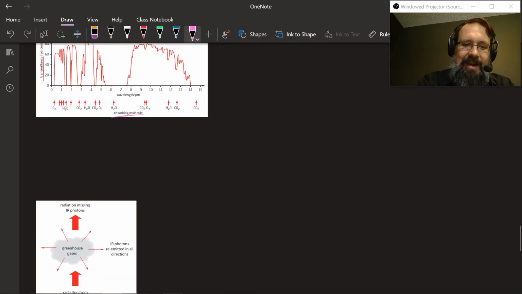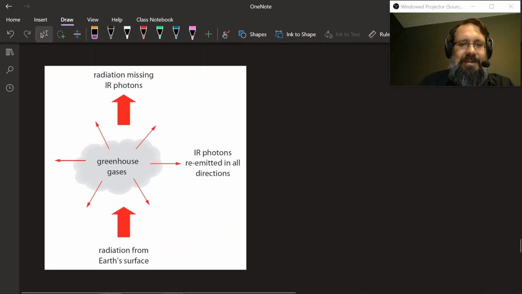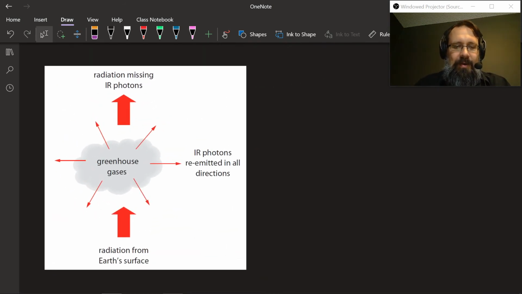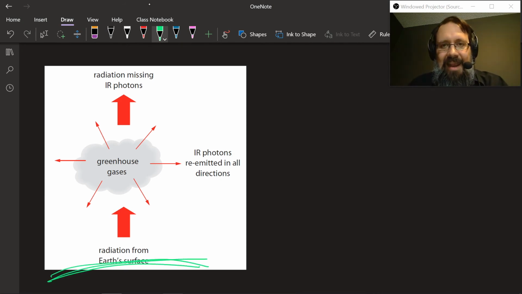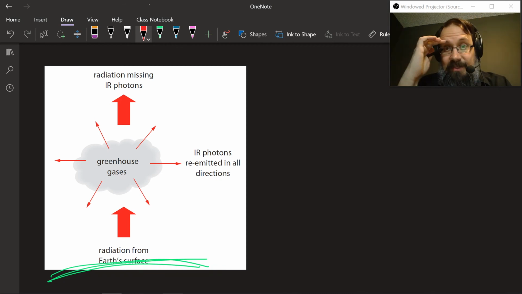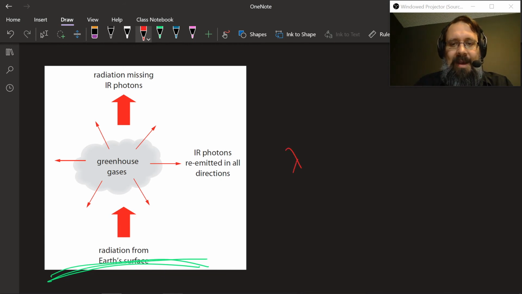So we're ready to do this. Here's a diagram. We've got the Earth's surface here, and the Earth is radiating in the infrared part of the spectrum. If we think about Wien's displacement law, we talked about the maximum wavelength: lambda max times T equals a constant.